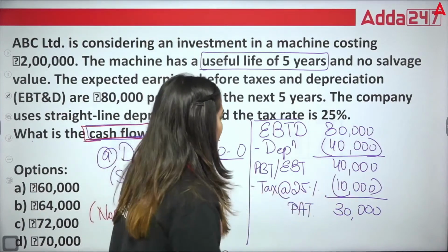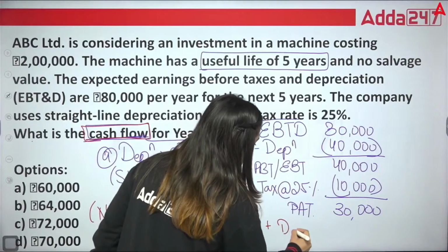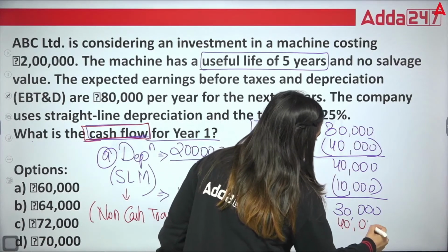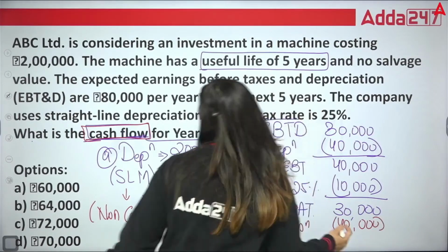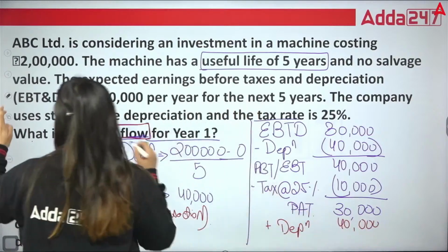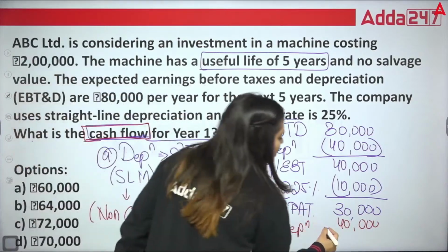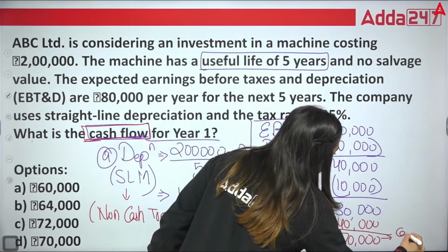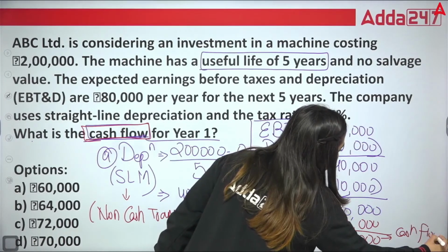But in this, we need to add back your depreciation also, because that is your non-cash expense. So finally, when you add back this amount, that will give you the correct cash flows in your hand. This is your correct cash flow.